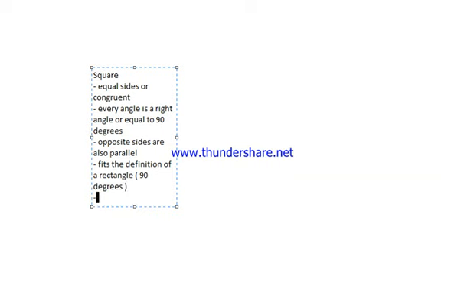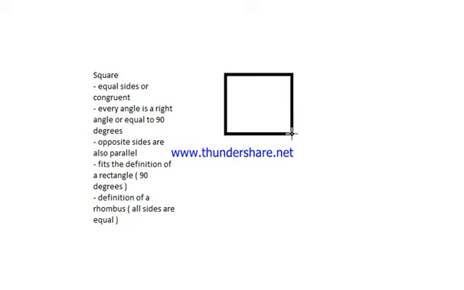And the definition of the rhombus that fits a square is all sides are equal. I'll give you an example of a square. This is an example of a square.